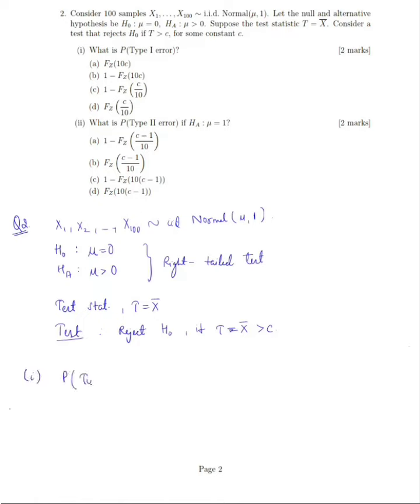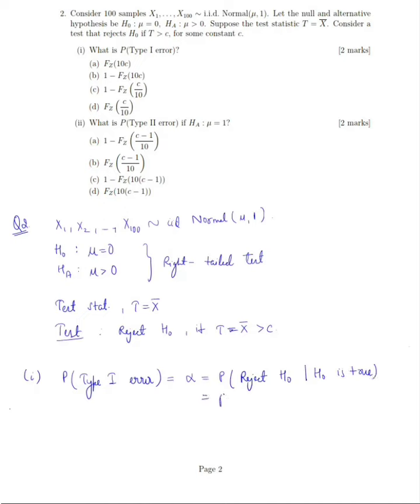We know that the probability of type 1 error is denoted as alpha, which is also the significance level of the test. It is defined as the probability that we reject our null hypothesis given the null hypothesis is true.